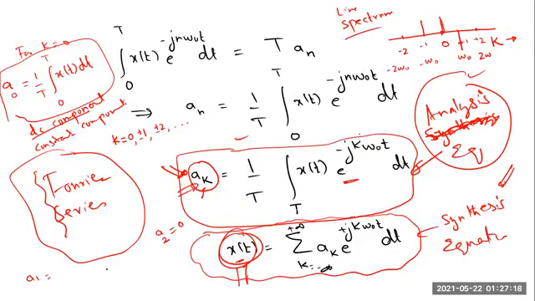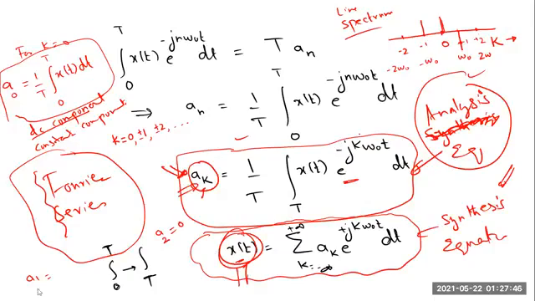Previously, I was saying 0 to capital T, which explicitly says start from time 0 up to capital T. Now I am saying you can integrate over any interval, but that interval must be equal to one period.